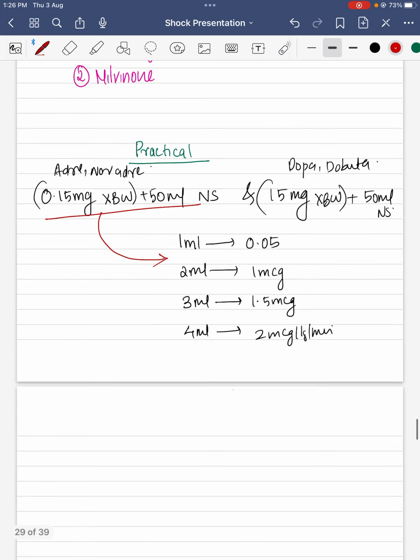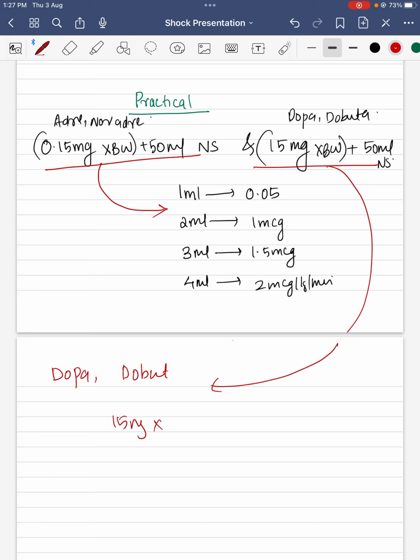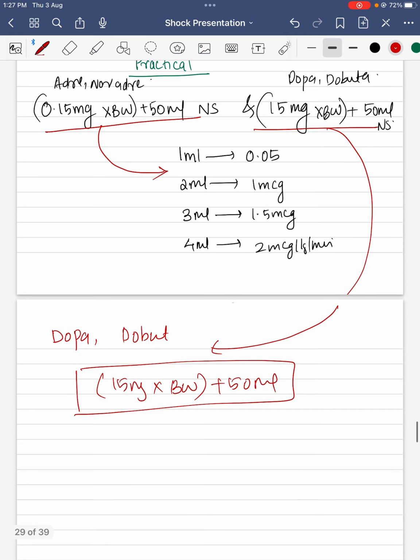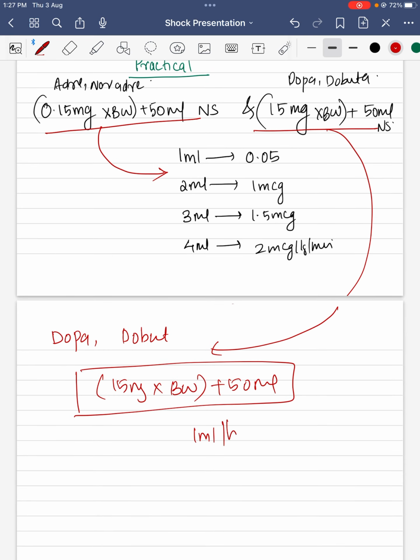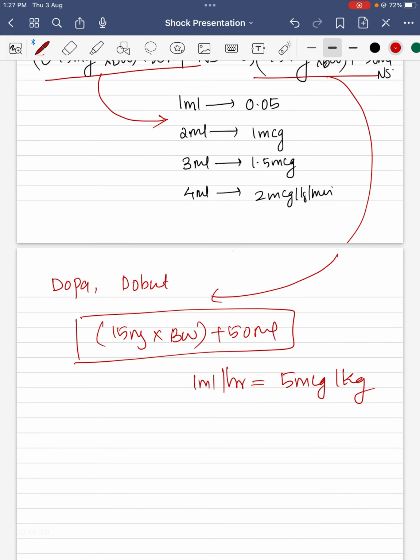This much clear? Okay. But one thing you have to keep in mind, for Dopa and Dobuta, if you made it by this equation, 15 mg into body weight plus 50 ml, then 1 ml per hour in the machine will be equal to 5 microgram per kg, like that.